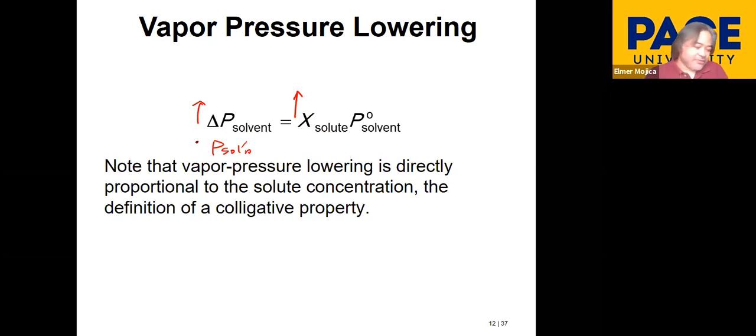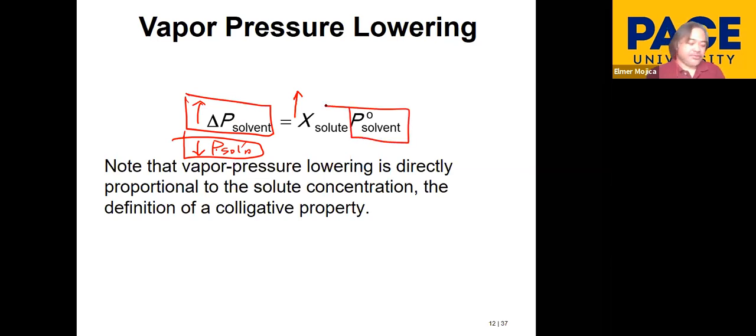Will it go up or down? The vapor pressure lowering goes up, but the vapor pressure of the solution will go down, because as this goes up, this goes down. When you add this and that, you have the vapor pressure of your pure solvent.